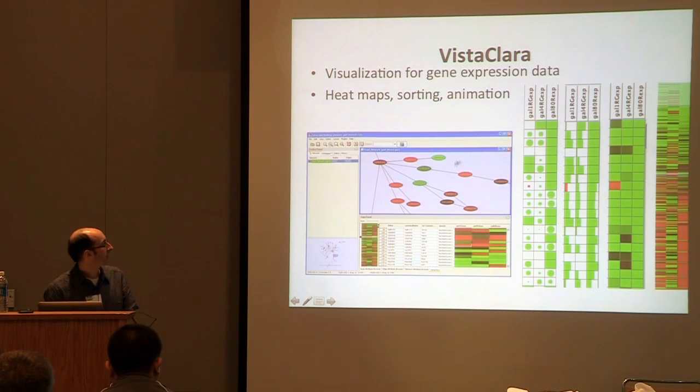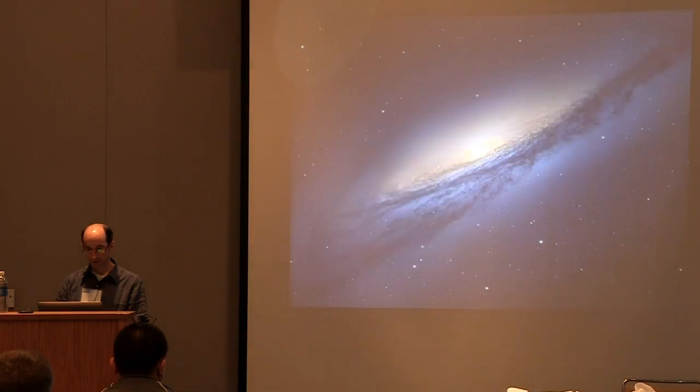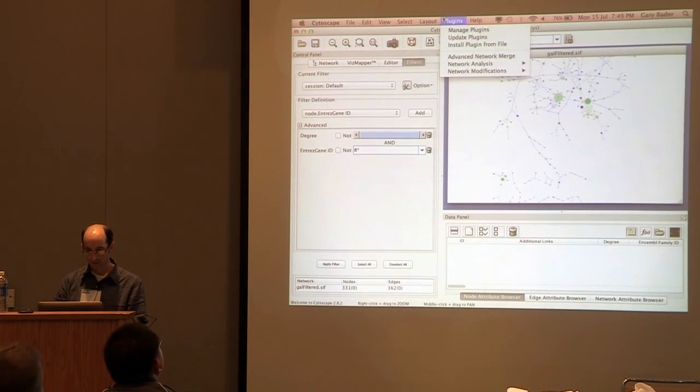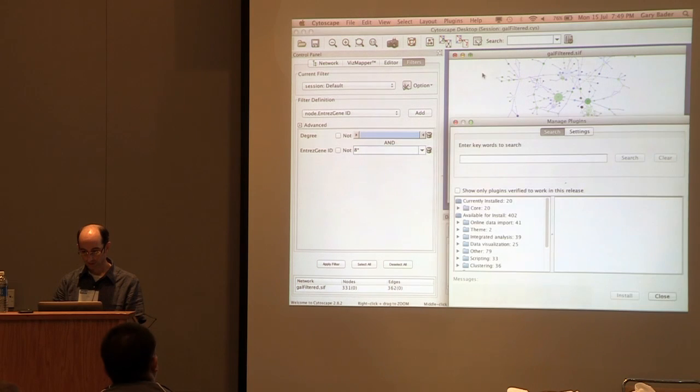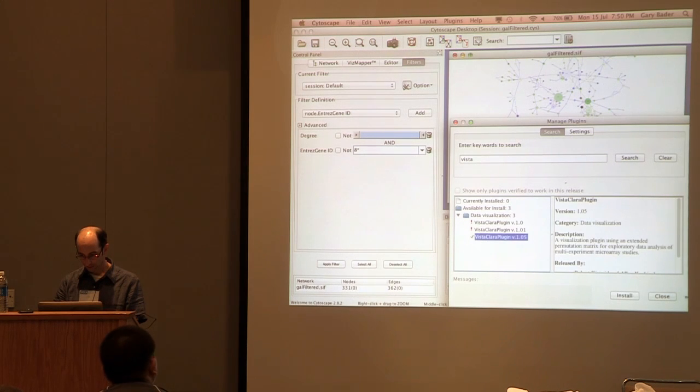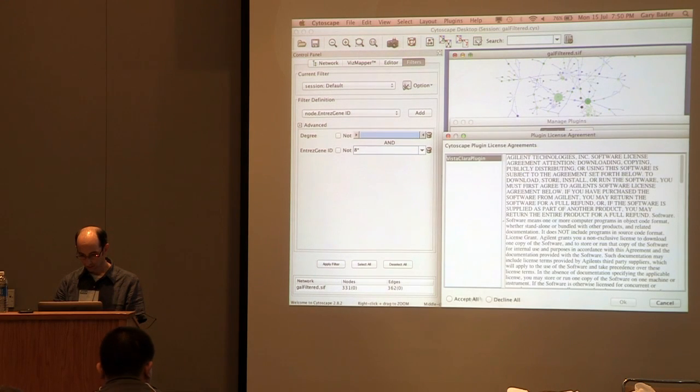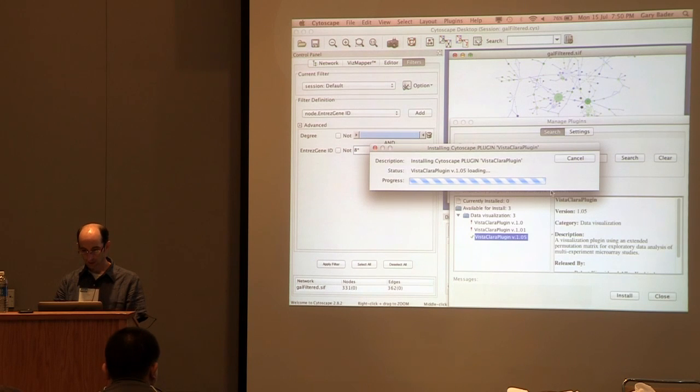One of the useful things about VistaClara, and I don't have an example of it here, is that you can, let's see if I can quickly install it and see if this works.